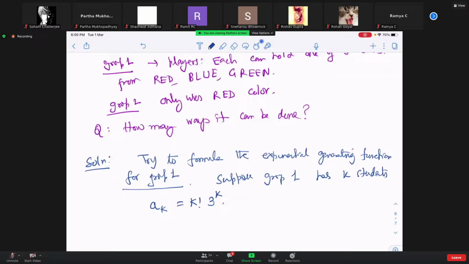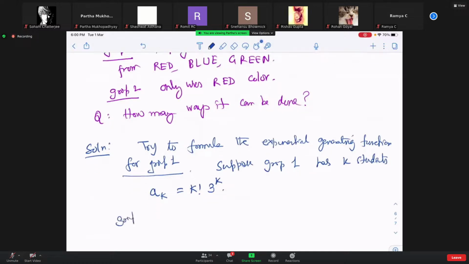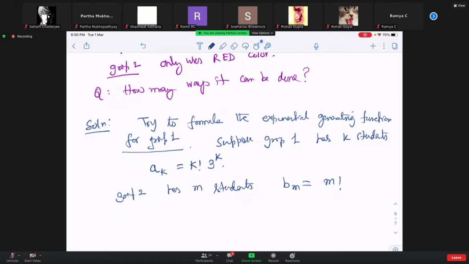And if group 2 has m students, what is b_m for it? They don't have any option for colors; they can only be arranged. So this is m factorial. Now what is my A(x)? A(x) is the sum of a_k times 1 over k factorial times x^k.